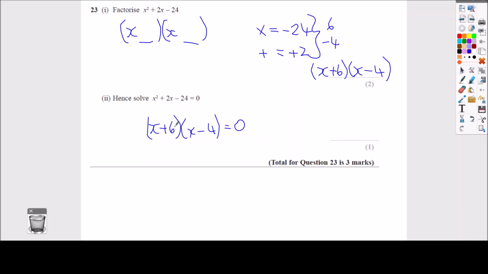So what value of x would make this opening bracket 0? That would be x being minus 6, because minus 6 add 6 is nothing. Nothing times whatever is nothing. Or, alternatively, what value of x would make the second bracket 0? That's when x is plus 4. All right, so our second solution is x being plus 4.